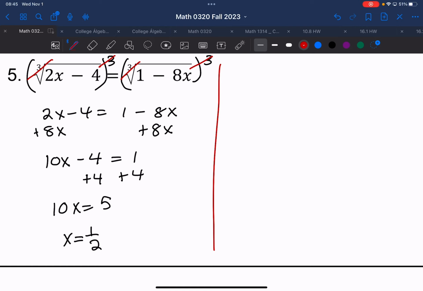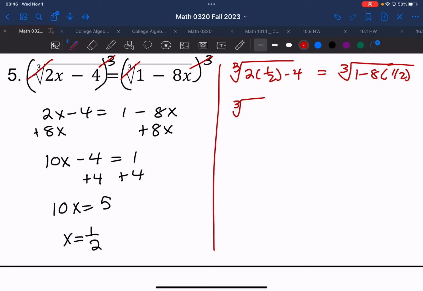So I'm going to plug in 1/2 into my problem. So I have the cube root of 2 times 1/2 minus 4 is equal to the cube root of 1 minus 8 times 1/2. I plugged in 1/2 in for my x's. Simplifying this, 2 times 1/2 is 1, and 1 minus 4 is -3.